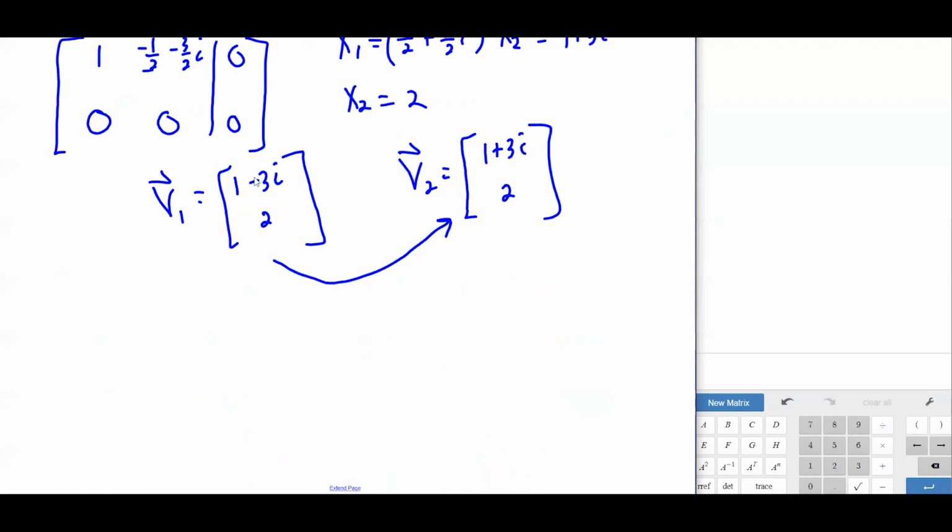So you just need to take the conjugates of any complex numbers in your vector, and you can just create another vector that will be the other eigenvector. So that's how you deal with complex eigenvalues.